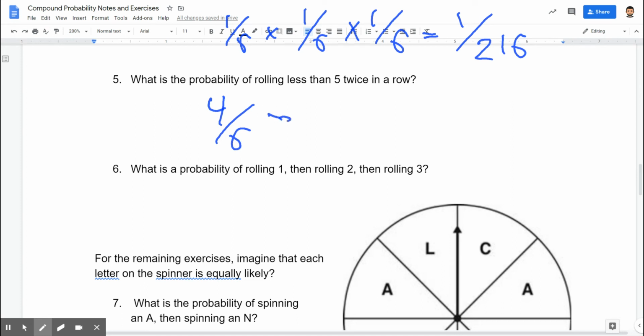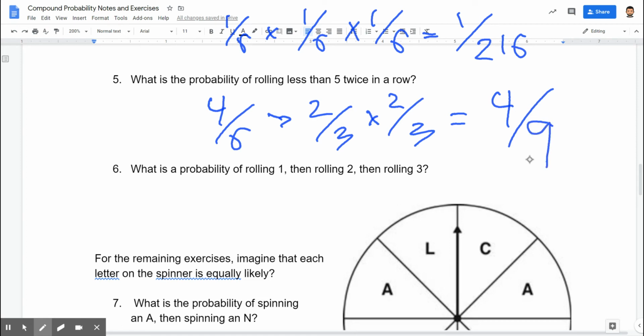That can reduce to 2/3. So that's 2/3 twice in a row. So that's 2/3 times 2/3. And the total answer there is 2 times 2 is 4 over 3 times 3, which is 9. 4/9.